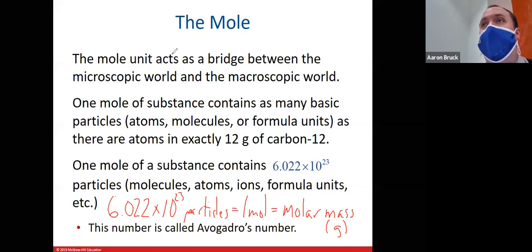I expect that carbon to have Avogadro's number of carbon atoms. If I have 1 mole of copper, I expect 1 mole of copper atoms, 6.022 times 10 to the 23rd atoms of copper. I expect that to weigh 63.55 grams. Why 63.55 grams? Because that is the mass of copper on the periodic table.